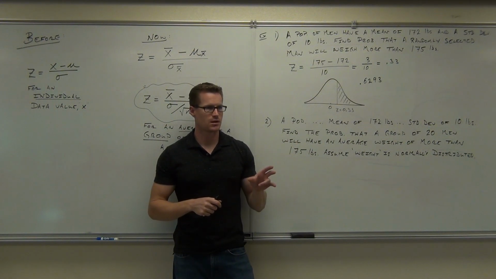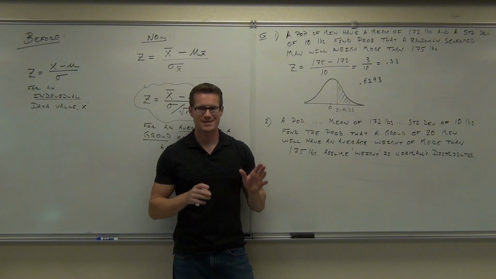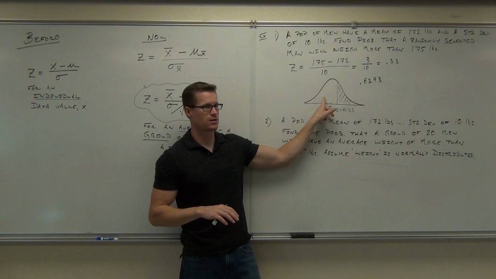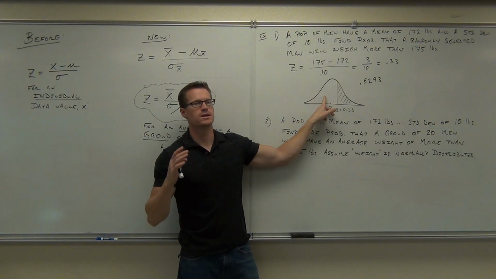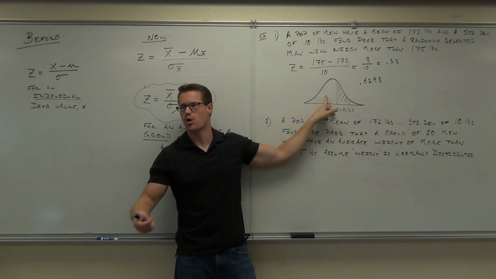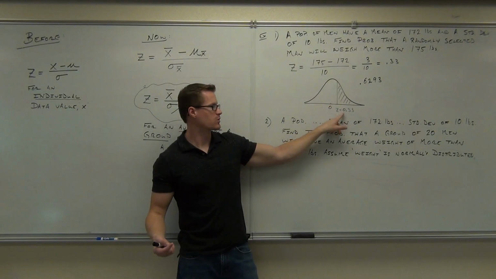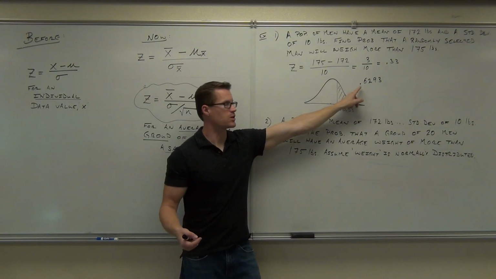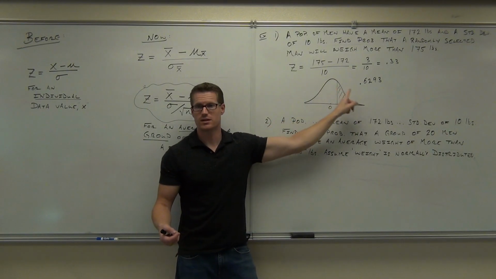The question is, what side did you just find? The right side or the left side? Your table will only give you the left side. You have to be smarter than your table. If you look up 0.33, it's always going to give you the left, whether you want it or not. I don't want the left, I want the right. How do I take this value and make it the right side?